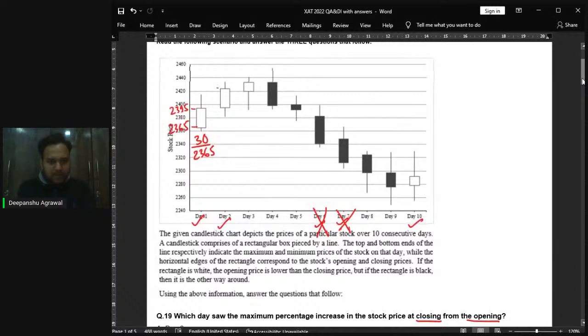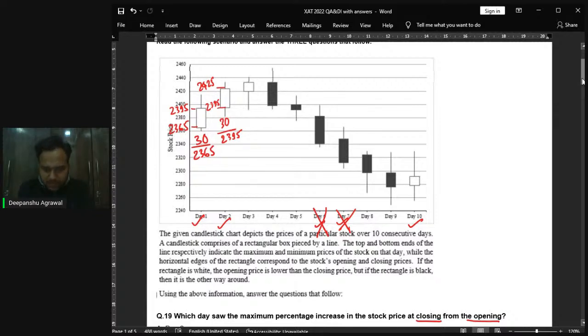The next one would be 2425, and this would be 2395, right? So this would be a difference of 30 divided by 2395, right? 30 divided by 2395.